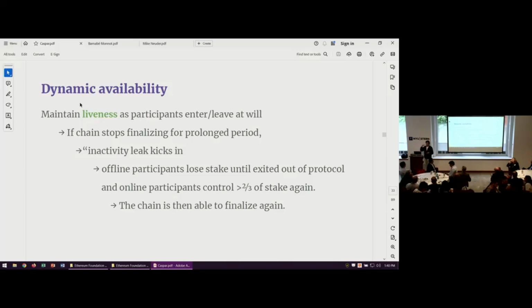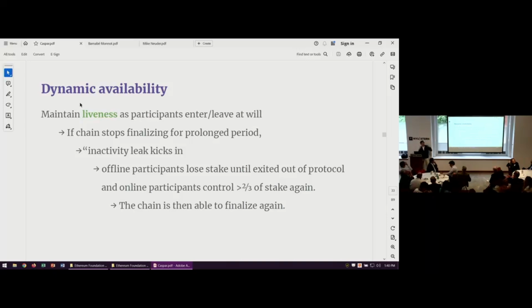And there's even one step further where Ethereum tries to finalize even in the absence of, let's say, 50% again. And how that works is there's this concept of an inactivity leak, where if the chain doesn't finalize for a long enough period, then the inactivity leak kicks in, which means offline participants will lose stake at an increased rate, so that they will eventually be exited out of the protocol.